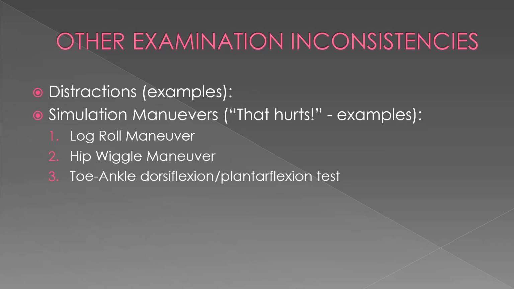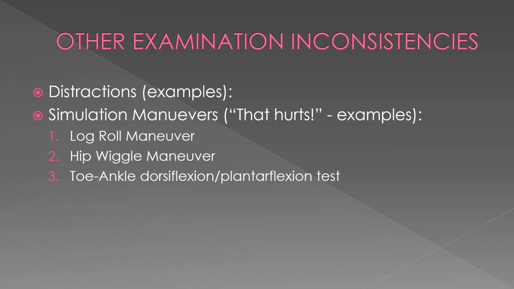Okay, let's use L5 as our example. He describes some radiation of pain into the dorsum of the foot, the dorsum of the great toe, and the tops of the toes, in the distribution of L5.